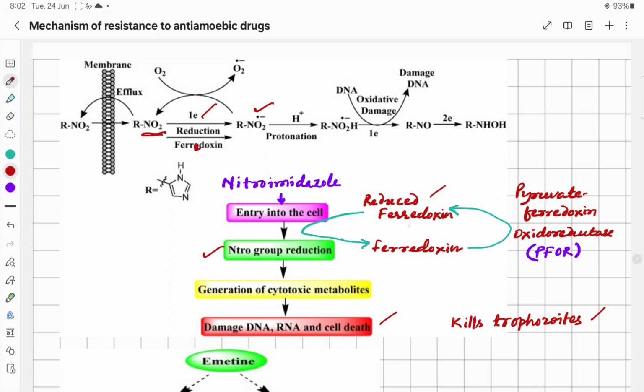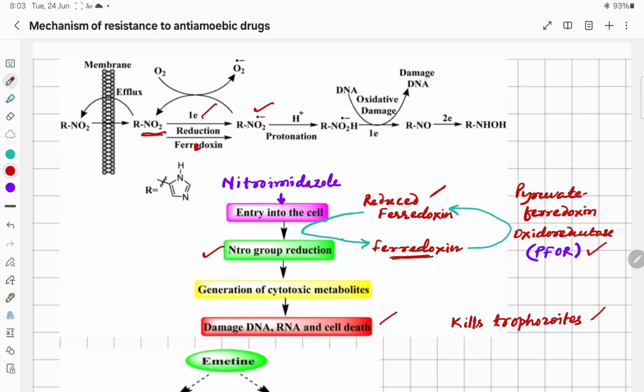In the process, reduced ferredoxin is converted to ferredoxin, and ferredoxin can again be reduced by the enzyme pyruvate ferredoxin oxidoreductase. So for reduction of the nitro group, we need reduced ferredoxin, and for its recovery, the ferredoxin is reduced by pyruvate ferredoxin oxidoreductase.